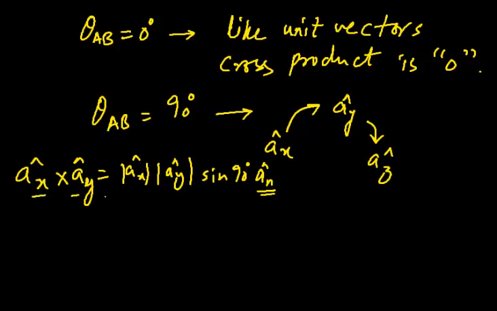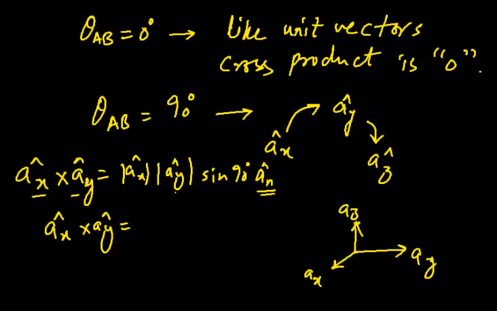In the case of ax and ay, this is az. So the cross product of ax and ay is 1 times 1 times 1 times az.